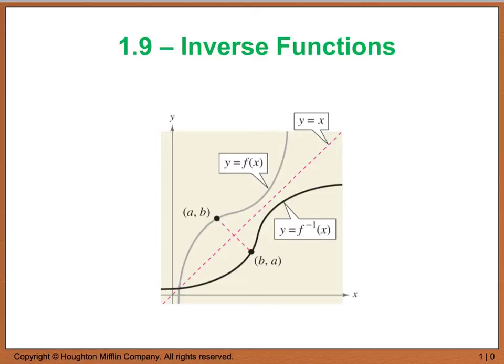If you notice here, this gray line is our original function, and when we take the inverse of it, it's being reflected over this dashed line here, and it's now going to look like this black curve. And once again, you'll note that our original point (a, b) now becomes (b, a).